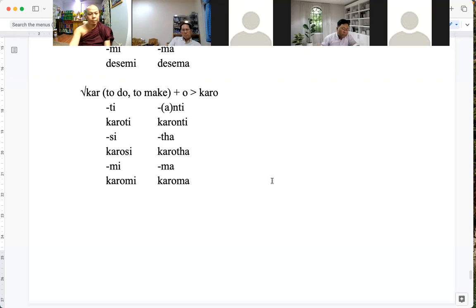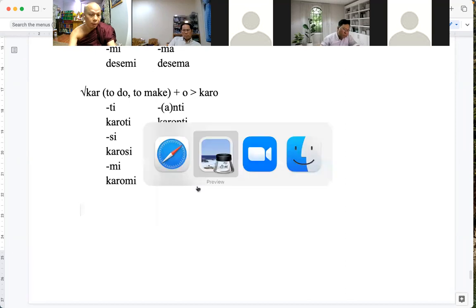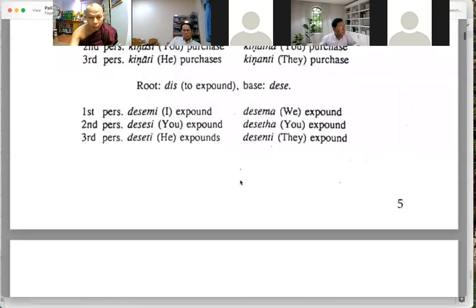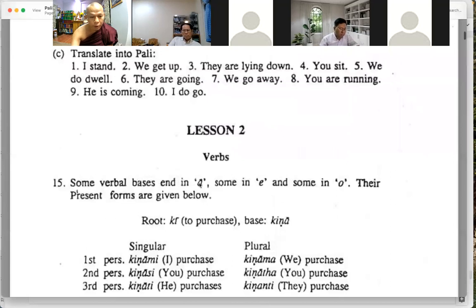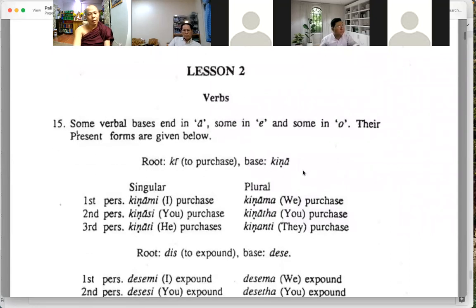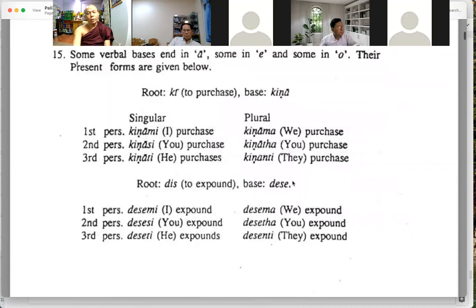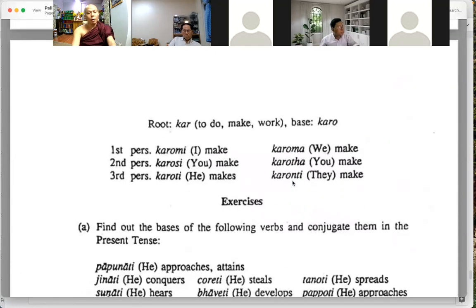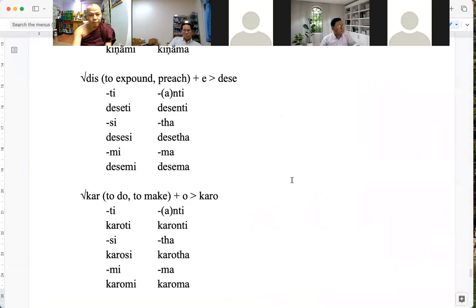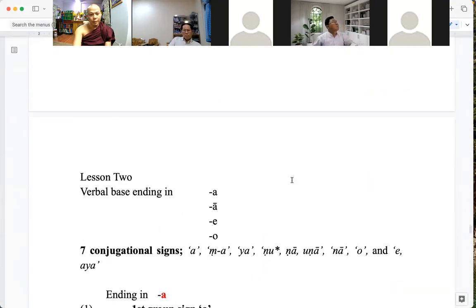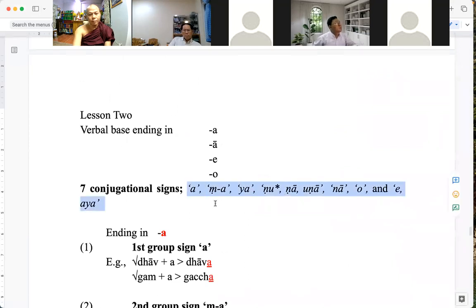Okay. So in this way, even though in Pali Easy, in lesson 2, the order introduced bases ending in the R, ending in the A, ending in the O. So for the R, Kina, for the A, Dese, for the O, Karo, but completely we need to understand. So those are based on the seven group signs.